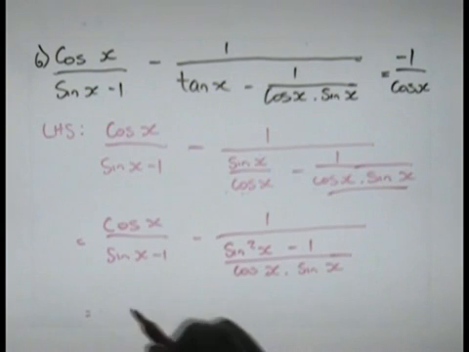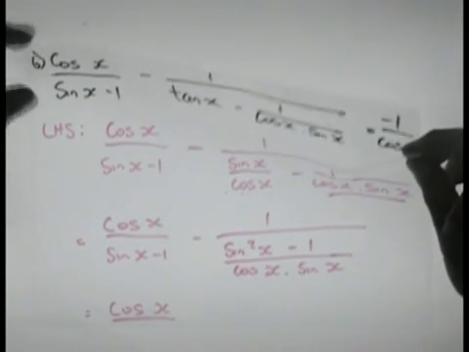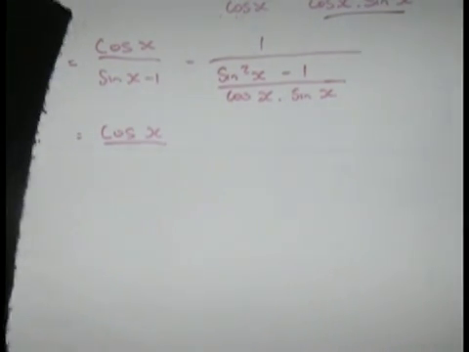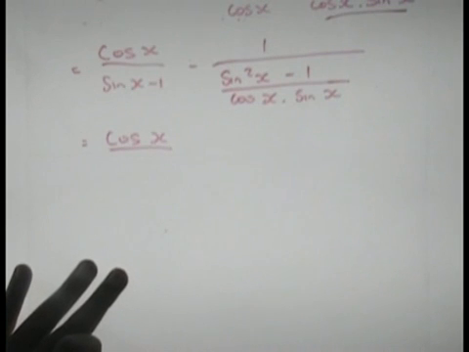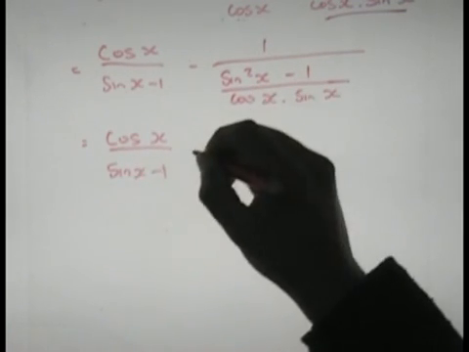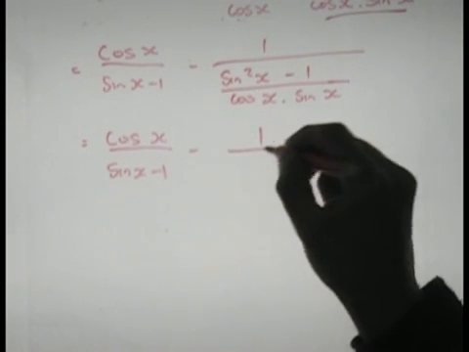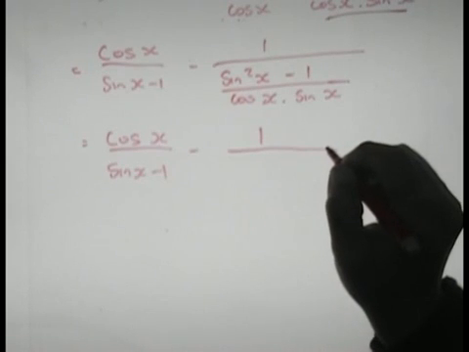What I'm now going to do, this is going to stay as cos x over sine x minus 1 for now, minus 1 over sine squared x minus 1.